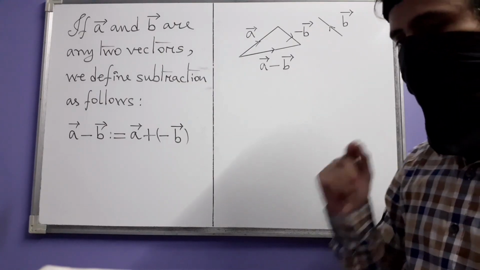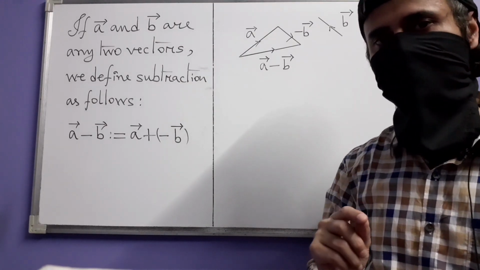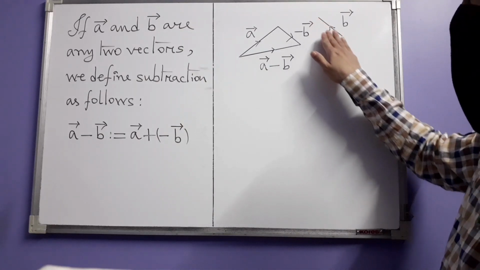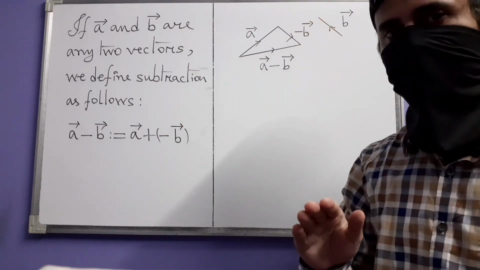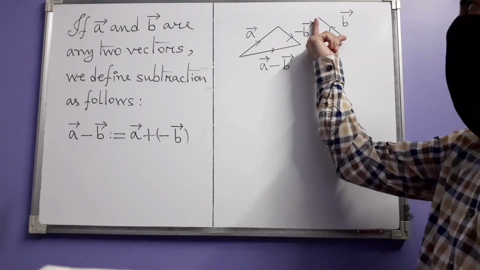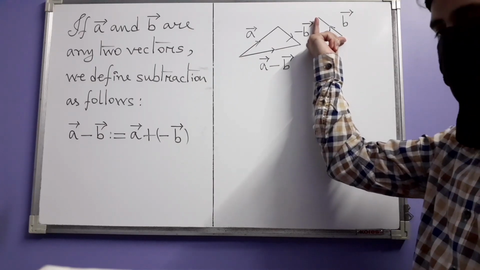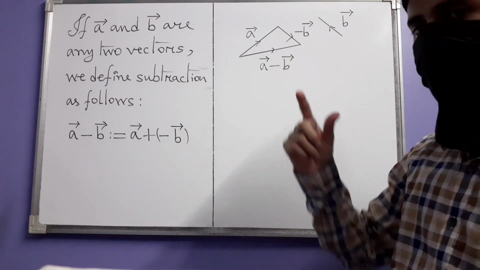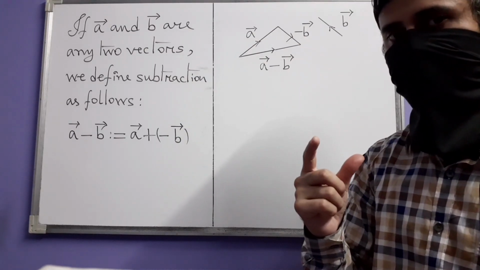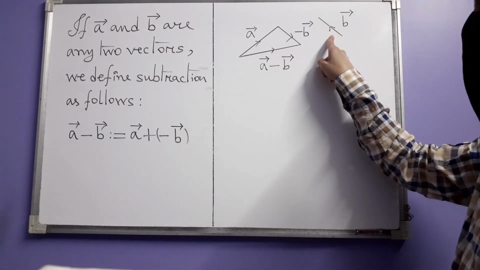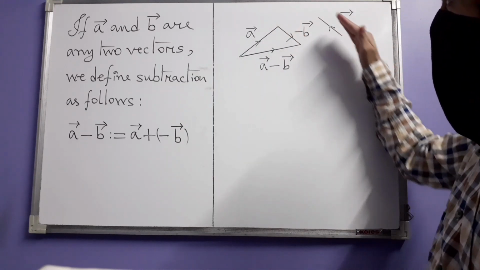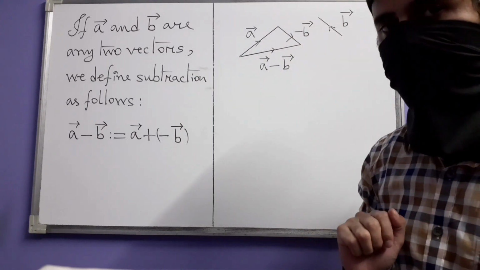Minus B by definition is a vector which has the same magnitude as B, and the fact that this is a geometric representation for B tells us that the magnitude is represented by this length. So, to represent minus B, you have to choose a directed line segment whose length is the same as this one, and the direction should be opposite to what that one had.